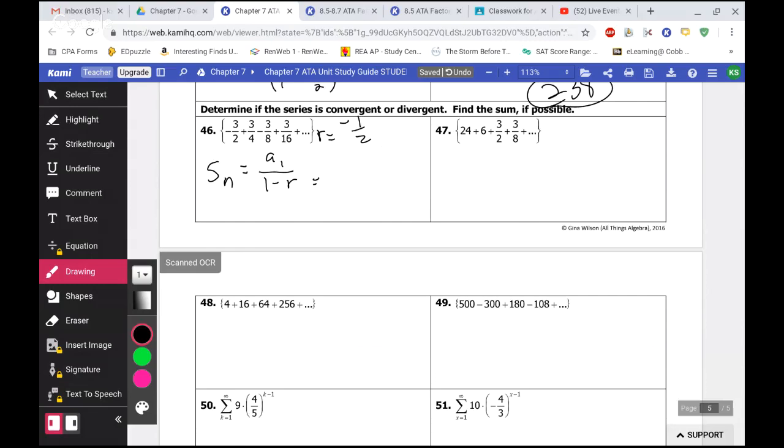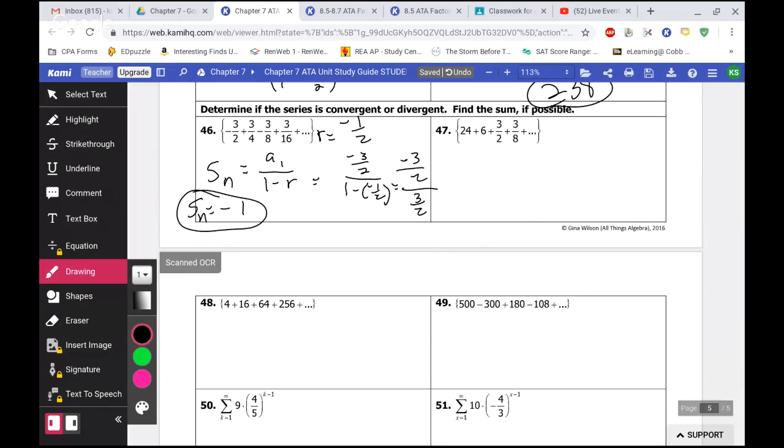So we'll plug in what we know, and that's going to be negative 3/2 over 1 minus a negative 1/2, which is negative 3/2 over 1 plus 1/2, which is 3/2. Negative 3/2 divided by a positive 3/2 is a negative 1. So the sum is negative 1.